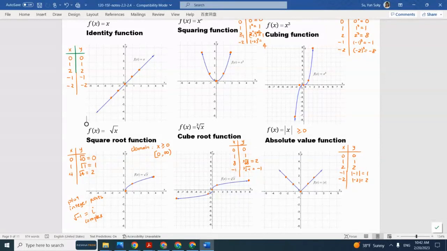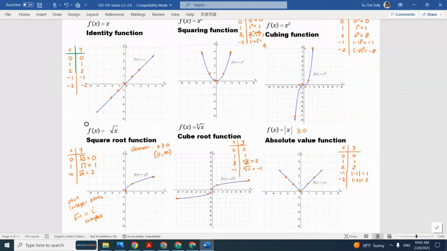X cubed. One hand up, one hand down. Square root of x. Yeah, on one side, on the same side. And then cube root of x. One hand out, one hand down. So cube root of x and x cubed are similar, but this is very high. You move your hands high. And then this one, you move your hands. Your shape is like that. Okay, everybody?